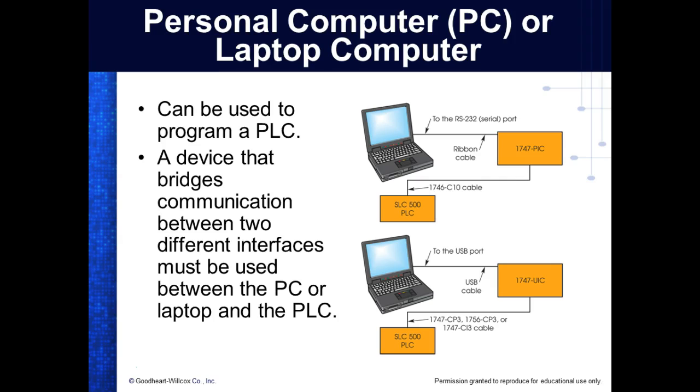So the 1100, the 1000, and the SLC 504 both use the data highway. It's not RS. It's EIA now, but it's 485. No, it's TIA 485. EIA is the one that went out of business.